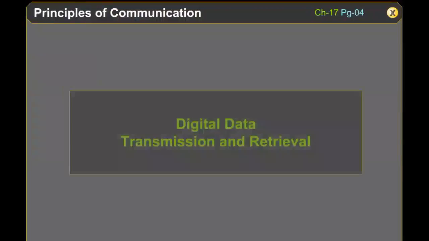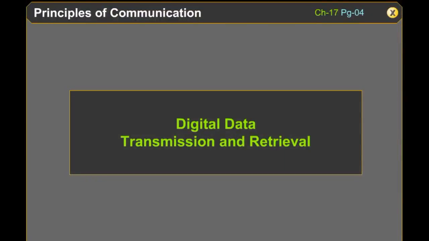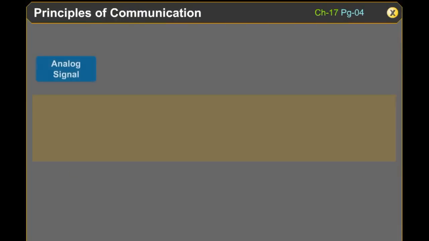Digital data transmission and retrieval. In digital data transmission, the input analog signal is sampled at a suitable rate by the sampler. A quantizer quantizes the sampled pulse.